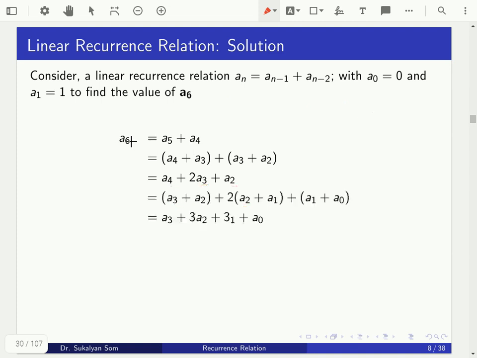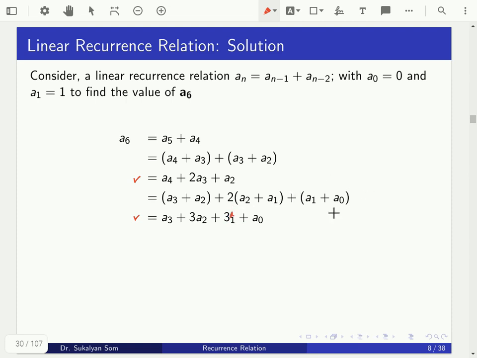Now a4 can be written as a3 plus a2, a3 can be written as a2 plus a1 and a2 can be written as a1 plus a0, and as a result this a4 plus twice a3 plus a2 is simplified as a3 plus thrice a2 plus thrice a1 plus a0.